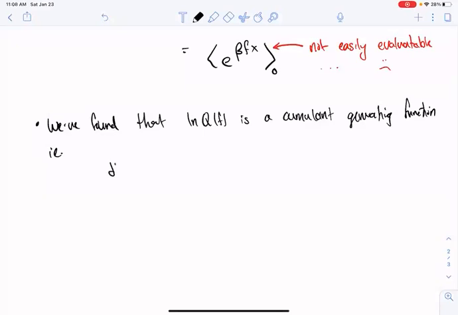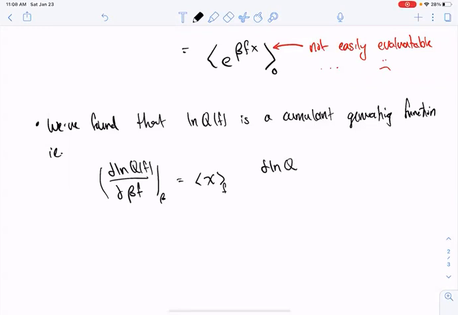I.e., if we were to take a derivative of log of Q of F with respect to beta F at fixed beta, we would be able to compute the average of X in the presence of F. If we were to take a second derivative, we would be able to evaluate the variance of the position.